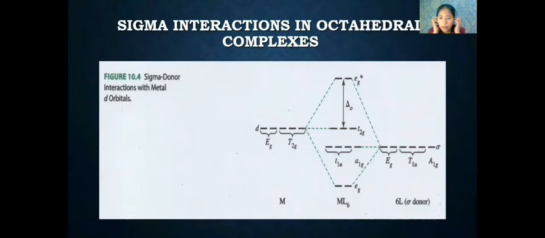So we have three orbitals for the p, and then we have the Eg for the d.